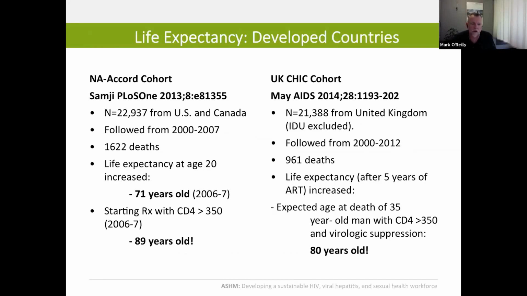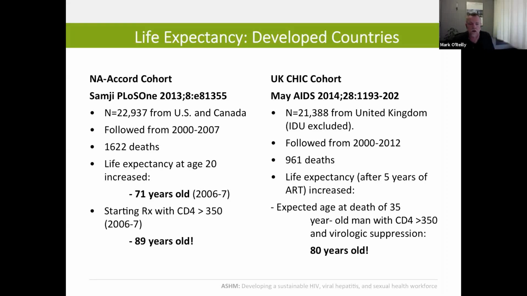Over this period of time, there were 1,622 deaths, and they calculated that the life expectancy of an individual aged 20 during the period between 2000 and 2007 was approximately 71 years of age. But if that individual then started their antiretroviral treatment when their CD4 count was still above 350 in the years of 2006 and 2007, they could expect to live as old as 89 years of age.